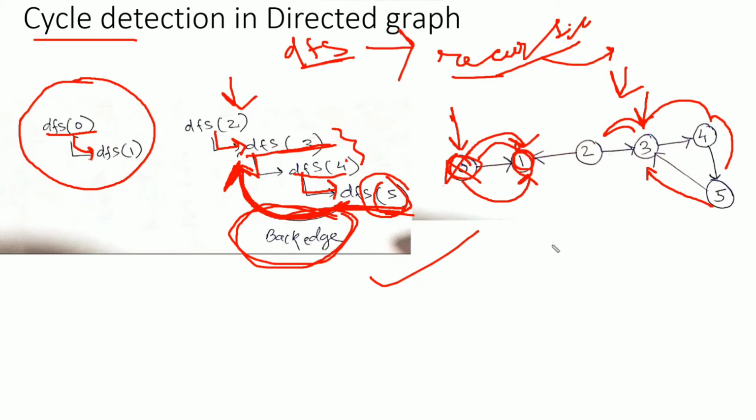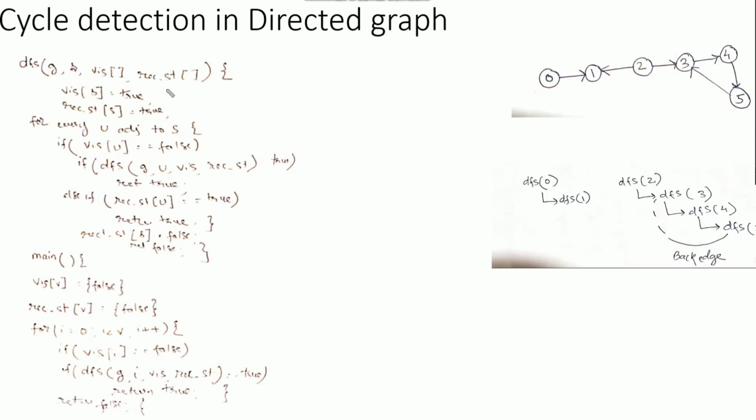Now we are going to discuss the logic which we are going to use to solve this problem. We are going to use a Boolean array known as recursion stack array. Why are we using this Boolean array? This array will keep a record of which vertices have been visited during the recursive tree. So we will have two arrays.